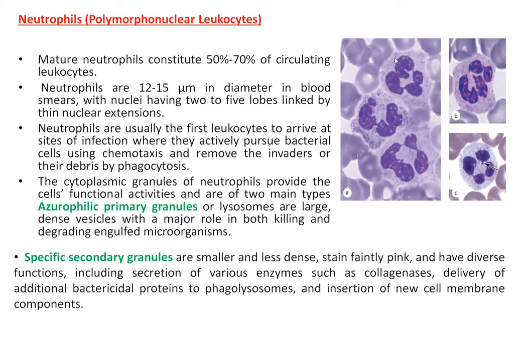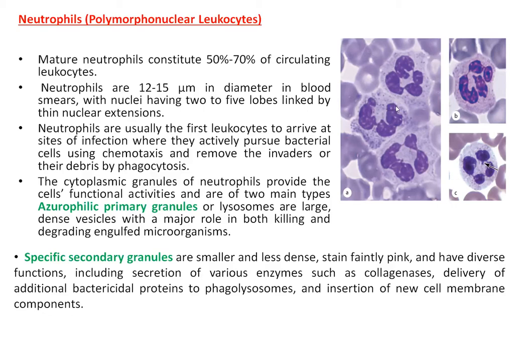Neutrophils are usually the first leukocytes to arrive at the site of infection, where they actively pursue bacterial cells using chemotaxis to remove the invader or its debris by phagocytosis.